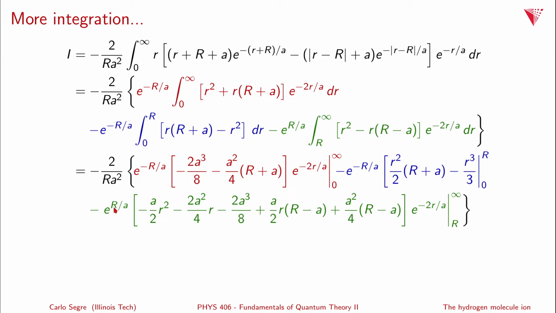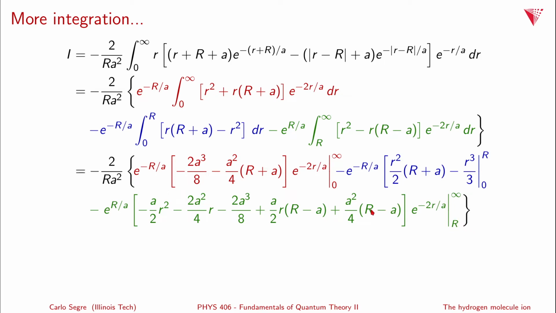So it's e to the minus capital R over a times a over 2r squared minus 2a squared over 4r minus 2a cubed over 8 plus 2a over 2r times capital R minus a plus a squared over 4 times capital R minus a times e to the minus 2r over a evaluated from capital R to infinity.